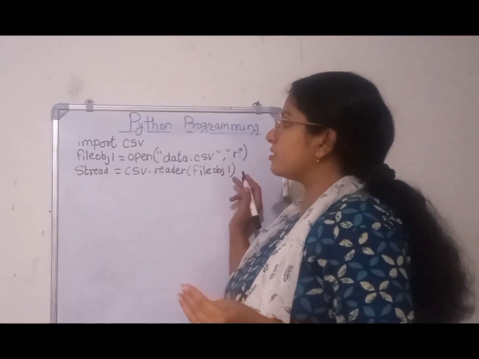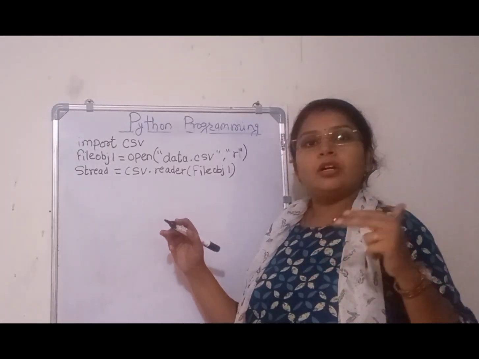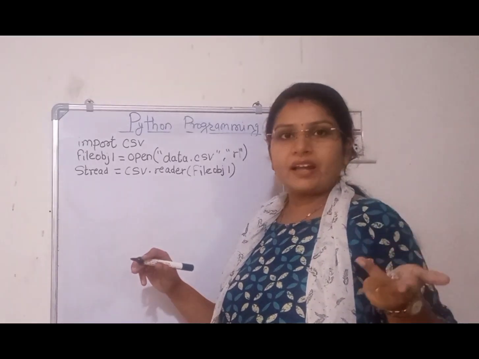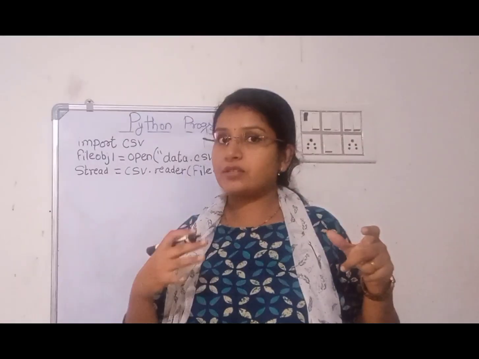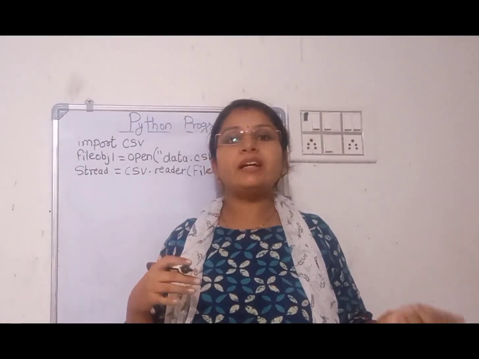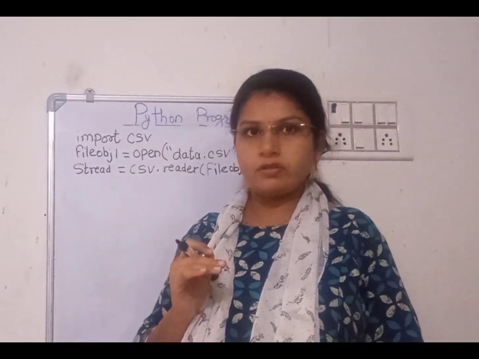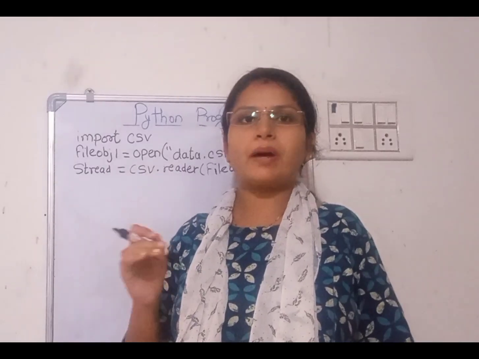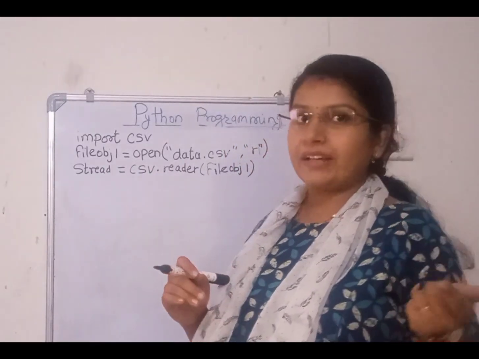Okay, so this is our reader, and after that you are just creating one data object to store the data you are getting from the CSV file, and then you are simply displaying it. Assume that you have multiple records in the CSV file and you are reading those records one by one. So how can we read the records line by line?